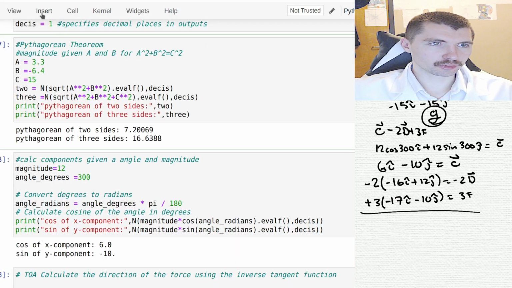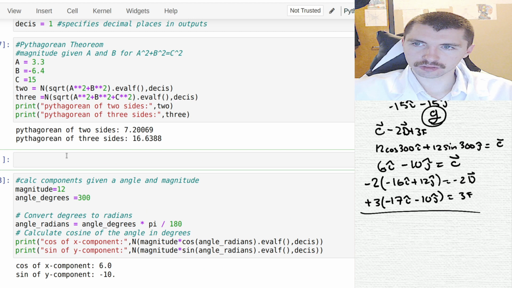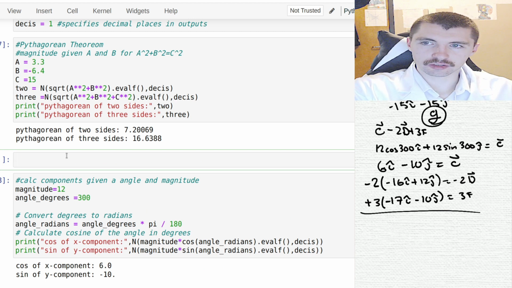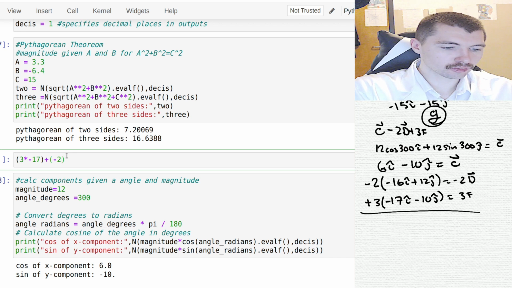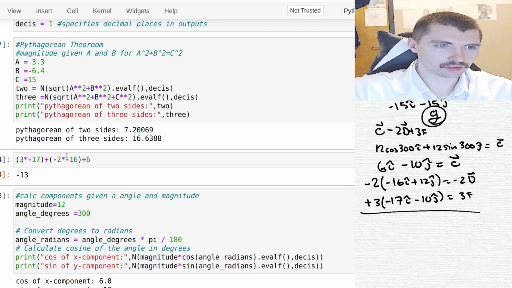We can do 3 times negative 17 plus negative 2 times negative 16 plus 6.